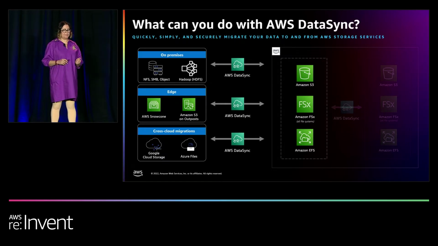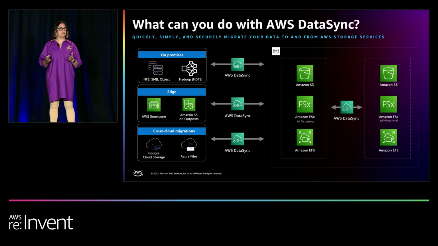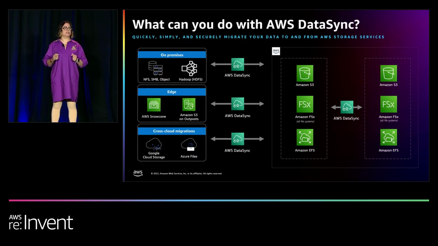And finally, our customers might want to move data between AWS storage services. So for example, if you need to move a subset of data from your Amazon S3 bucket after it has been processed, you can use AWS DataSync to move it from this AWS bucket to another one.